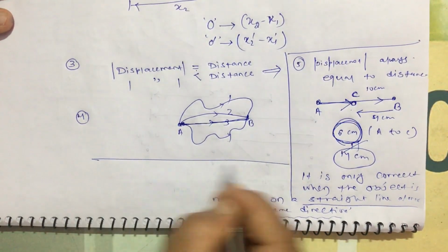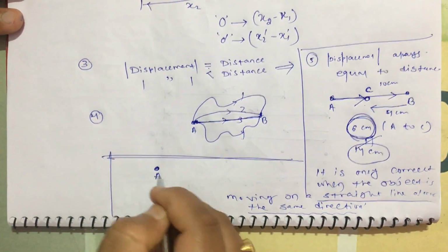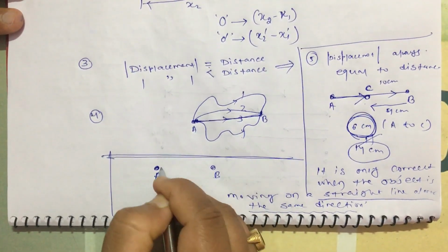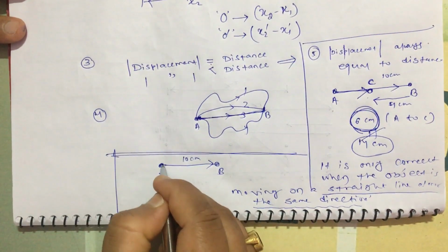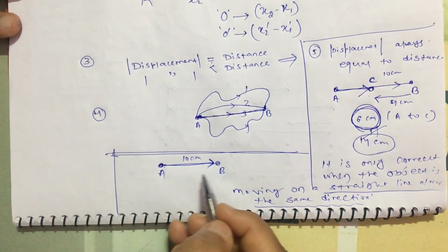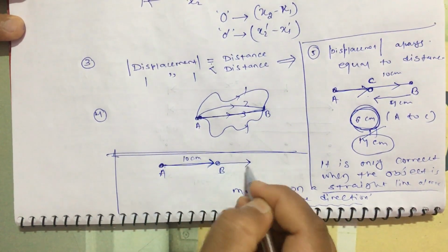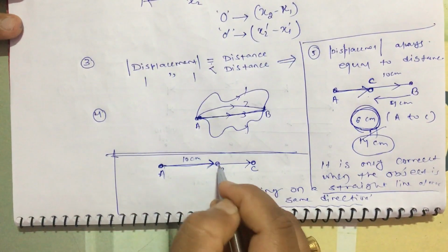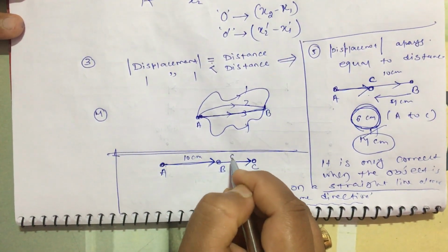What does that mean? It means like this. Let me move from A to B, only from A to B. Let this distance be 10 centimeter. In the same direction, I have not returned back. I have just travelled from A to B, or then from B to C in the same direction. I have not returned towards this direction. Let it be 6 centimeter.